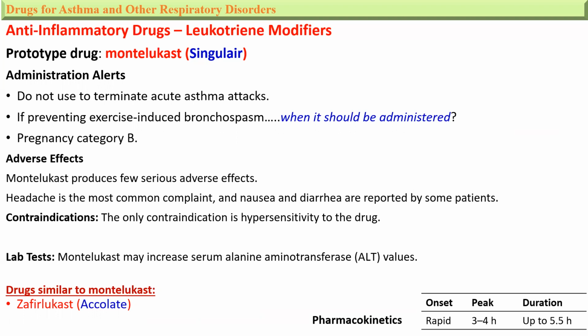The drug produces few serious adverse effects. Most common is headache; nausea and diarrhea are reported by some patients. The only contraindication is hypersensitivity to the drug.